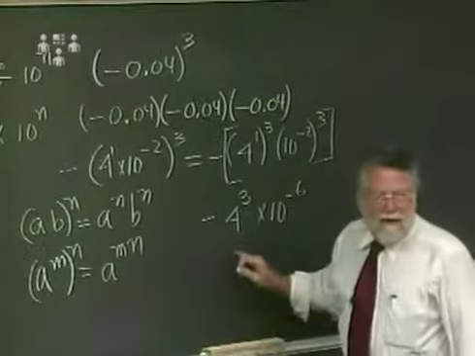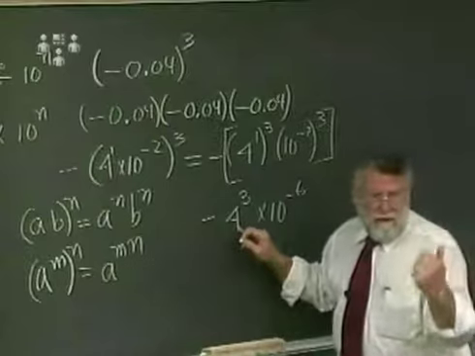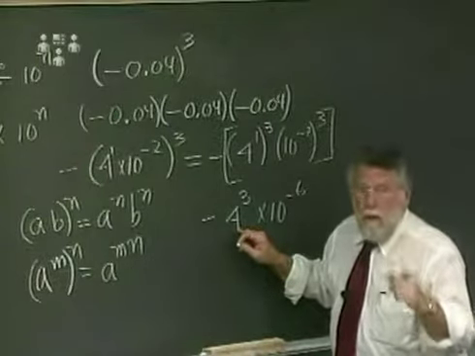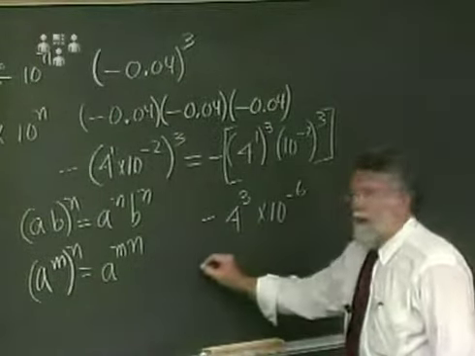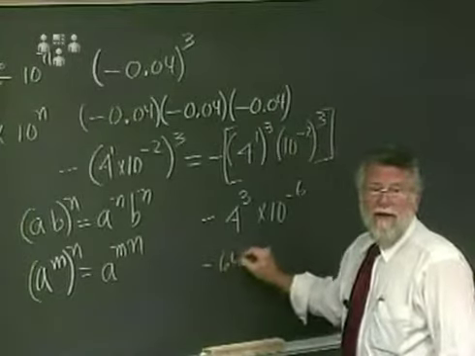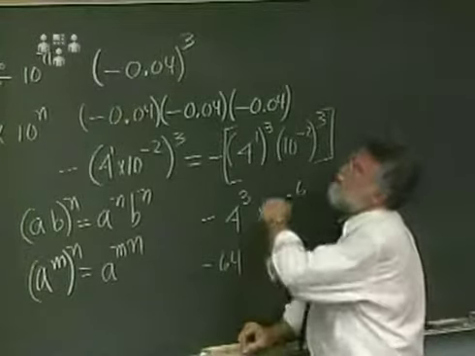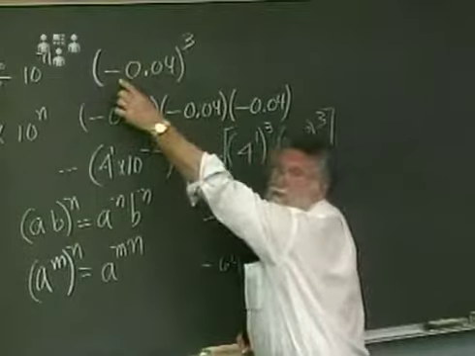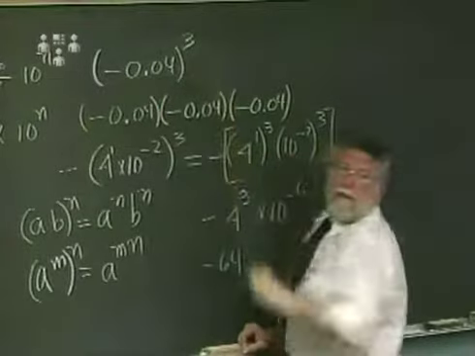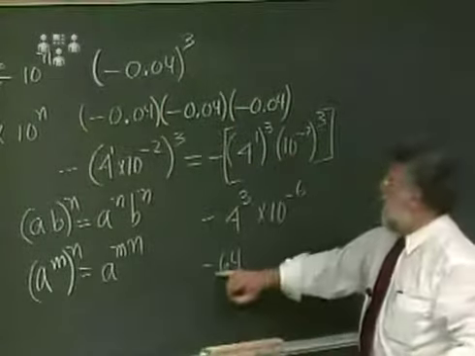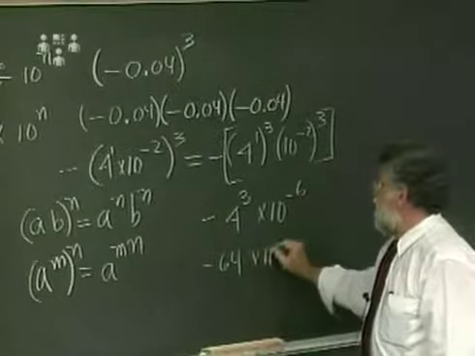Okay, we have disagreement. I'm not going to vote. 4 times 4 is 16. Times 4 is 64. And it's negative because I had, in essence, the negative factor to an odd power, hence negative, times 10 to the minus 6.